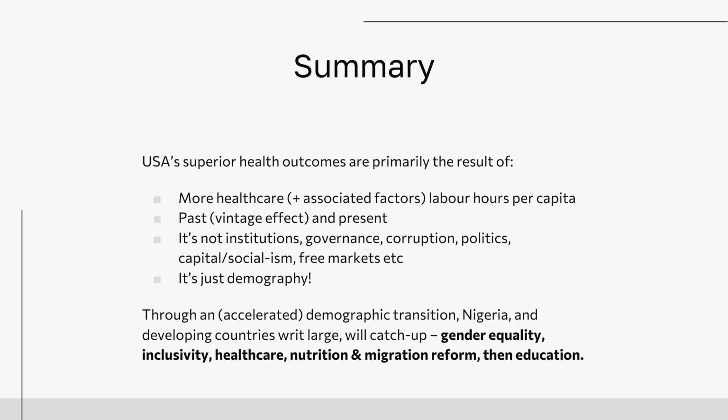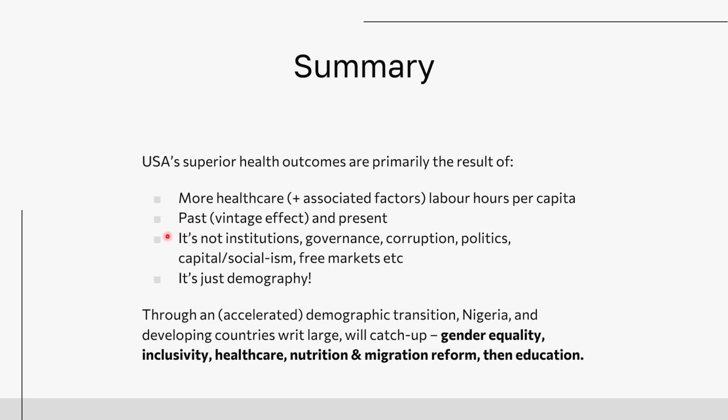You will find that America has more cement manufacturers per capita, more bitumen suppliers per capita, more engineers per capita, more builders per capita, and hence why, across a range of outcomes, America does better than Nigeria. And it's important to notice as well that there is a vintage effect, right? America has had more labor hours per capita in the past as well as today. And so that vintage effect is also important.